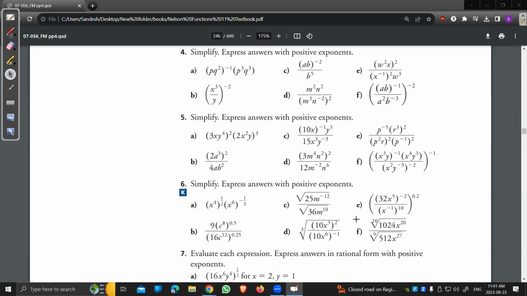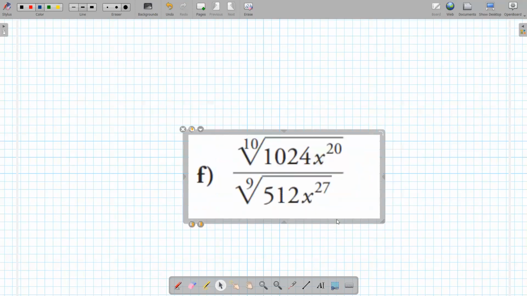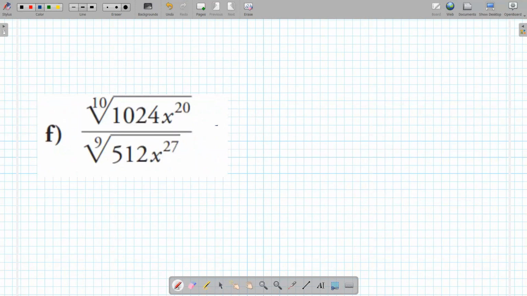Same idea here, and I'll tell you the answer. The 10th root of 1024 is 2. The 9th root of 512 is also 2. So the numbers are 2 and 2's. What's the 10th root of x^20? It's x squared.